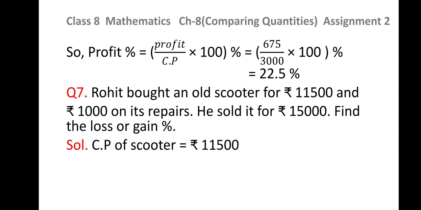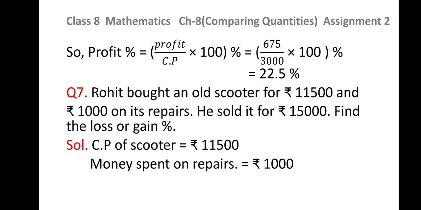CP of the scooter is rupees 11,500. Money spent on the repairs is rupees 1000, and this is the question of overhead expenses. We have learnt one concept, that is of overhead expenses, and another name for overhead expenses is overheads. So we are supposed to add the money spent on repairs into the CP.